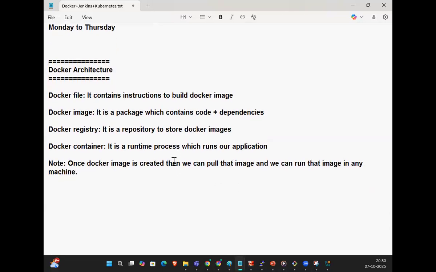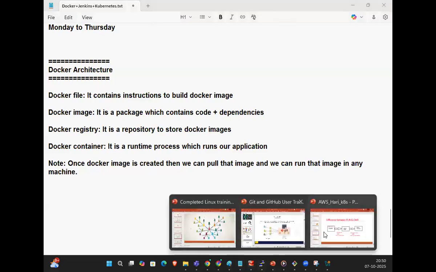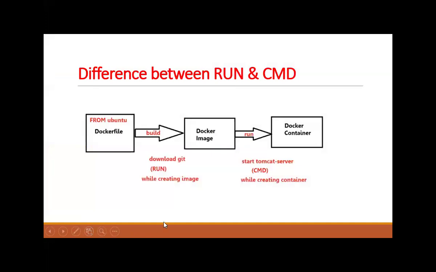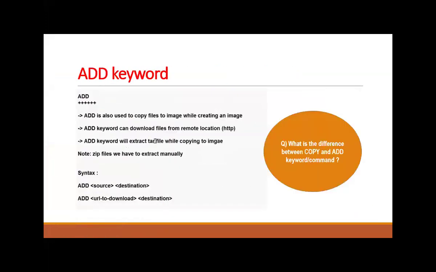Guys, understood? The Docker architecture is very simple. First we need to build the Dockerfile, then from the Dockerfile we build the Docker image, and from the Docker image we run it as a container.